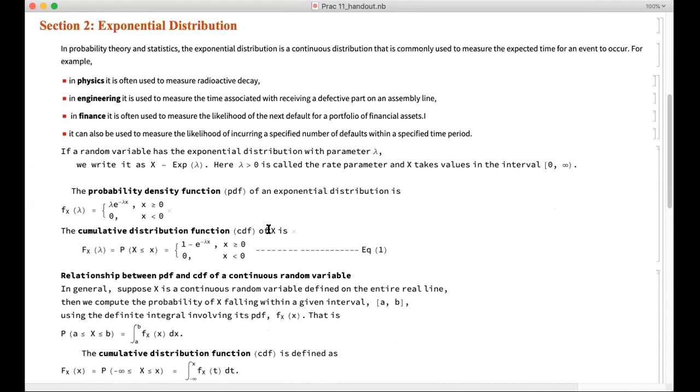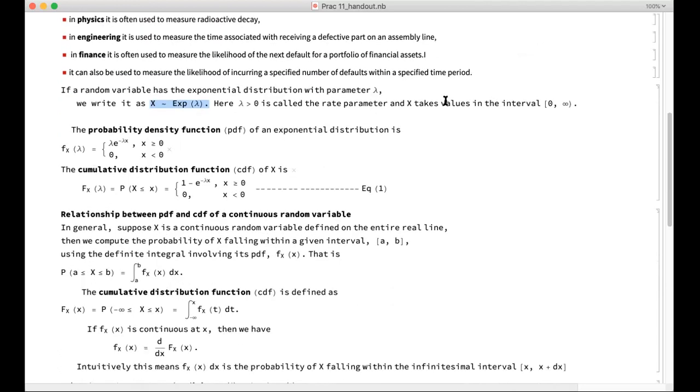Okay, so the definition of an exponential random variable: if it has parameter lambda, then we write that X is distributed as exponential with parameter lambda. Here lambda is positive and is called the rate parameter, and X takes values in the interval 0 to infinity.